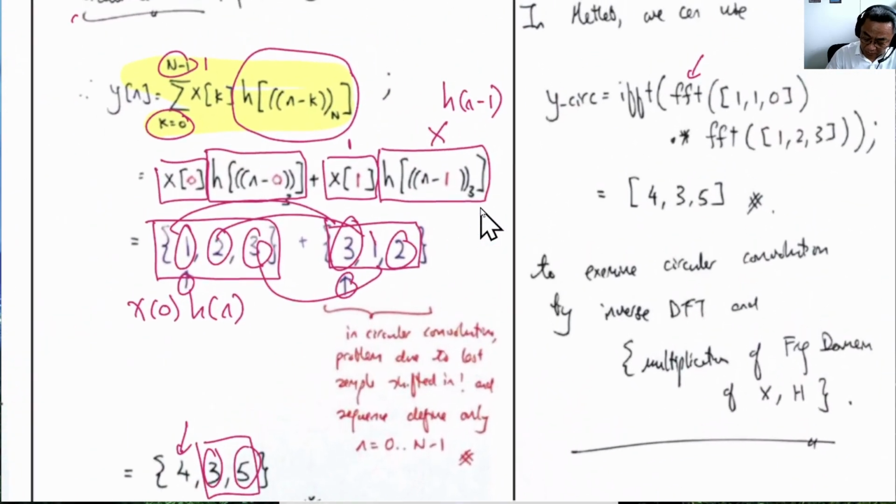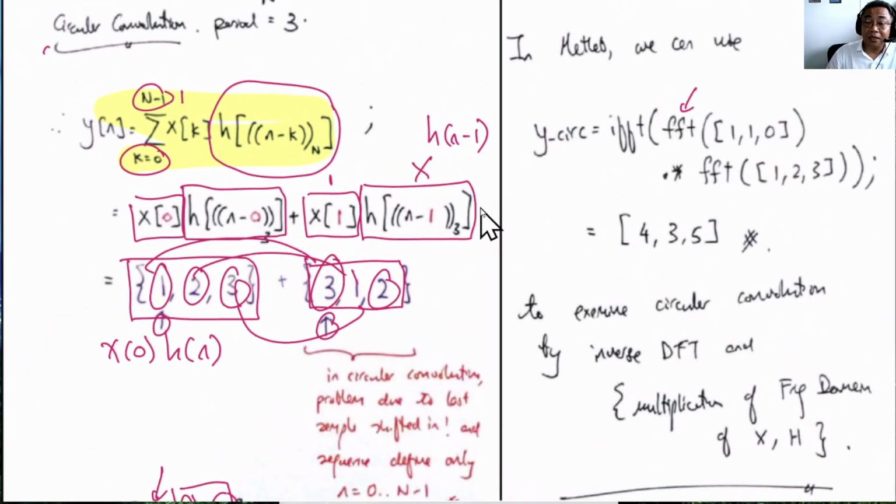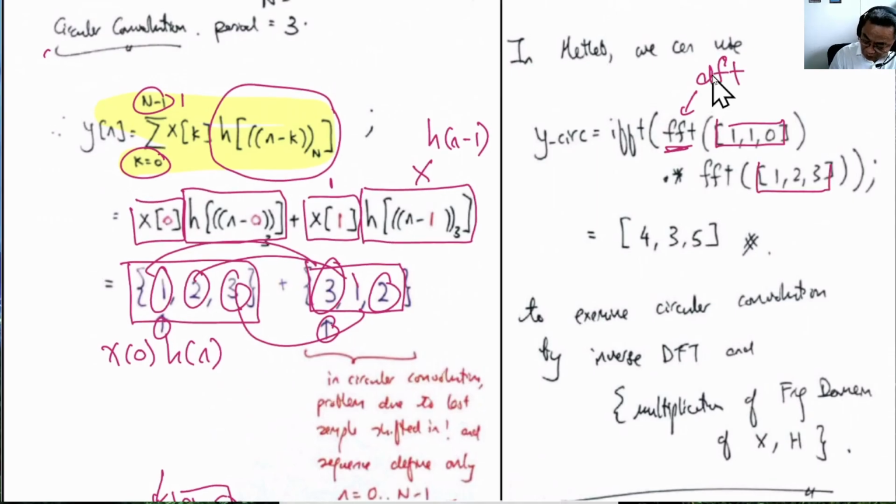How do I show you that this is also the result if I use the frequency domain DFT? So with the DFT, I will take the 3 samples and I will DFT them. In actual fact, we always use FFT because FFT is the fast version of DFT. And we'll also take 3 samples of the h, and so there is the capital N part. We're taking 3 samples.